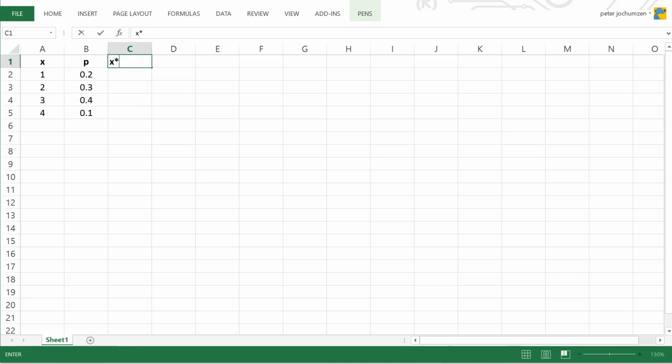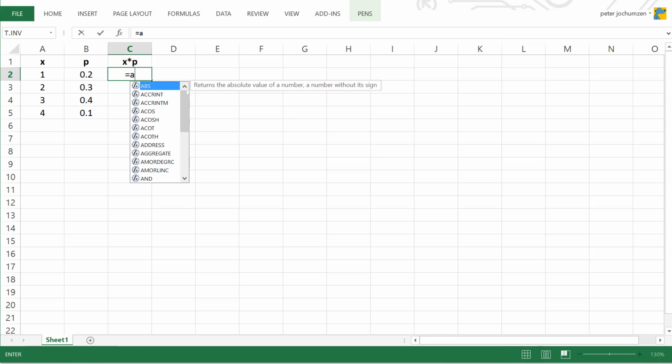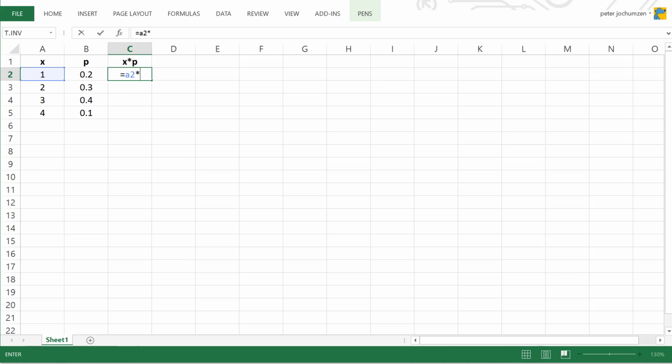So we do x times p, calculate A2 times B2, copy this down, and then simply sum it to get the expected value.